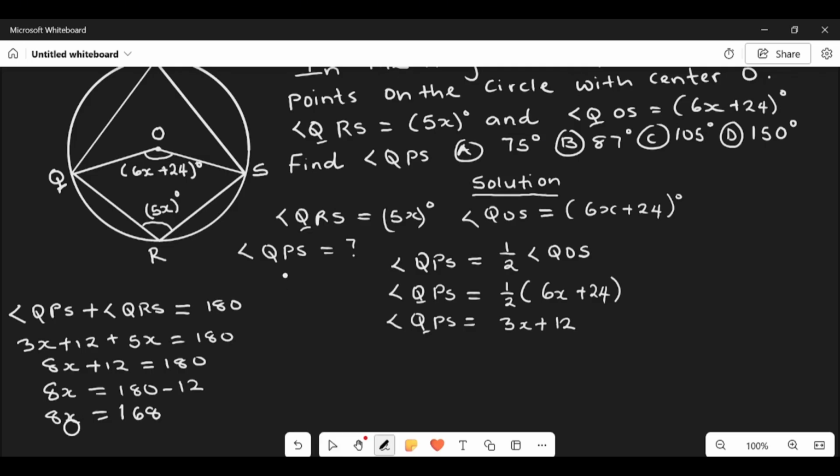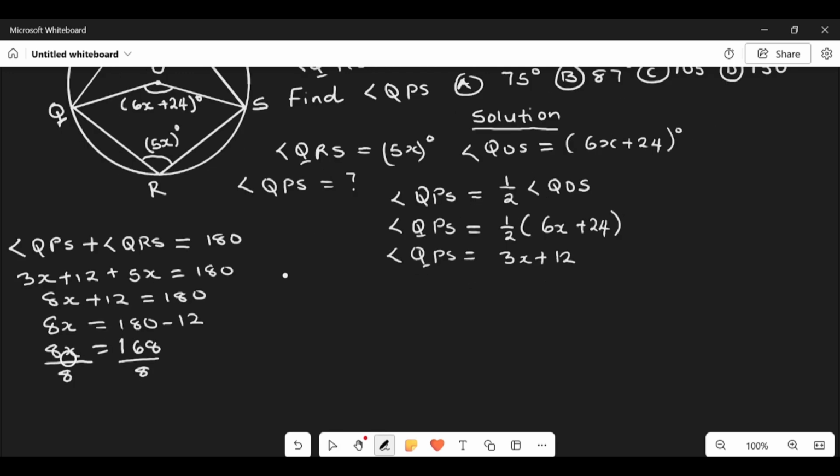So for us to calculate x, let us divide both sides by 8. 8x divided by 8, we are going to have x, and 168 divided by 8, we are going to have 21. So the value of our x is 21.